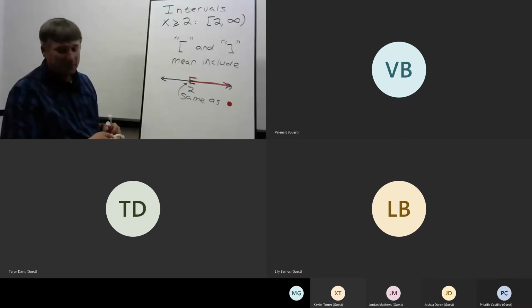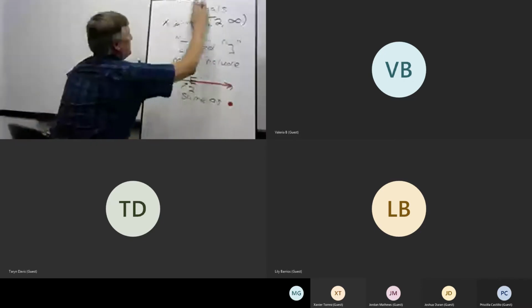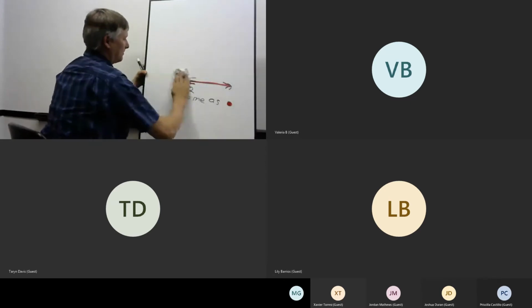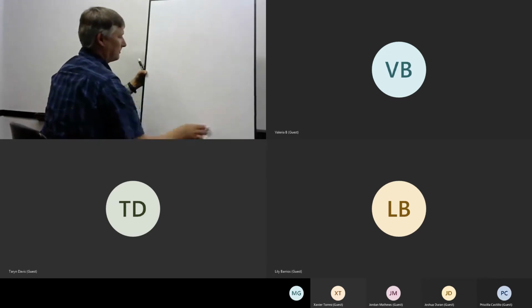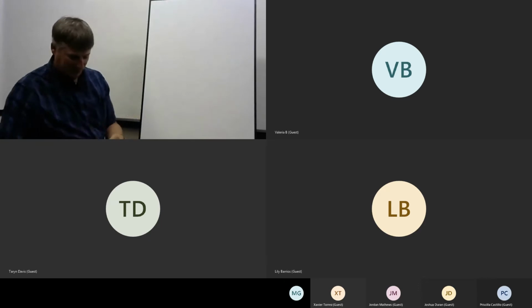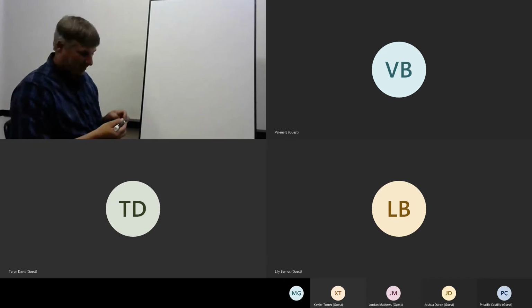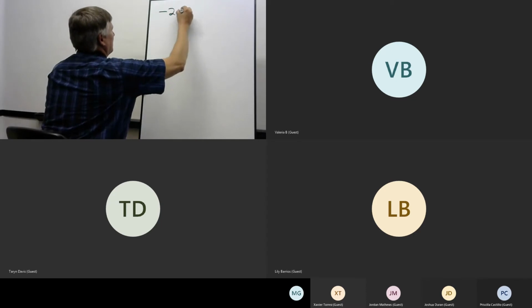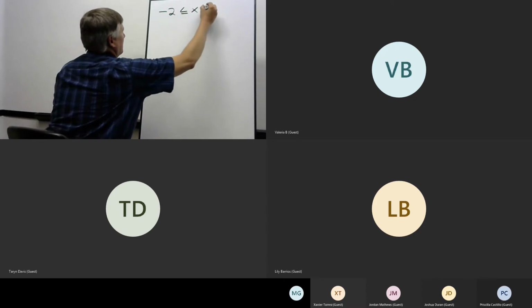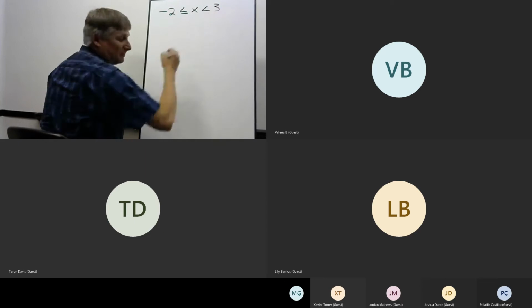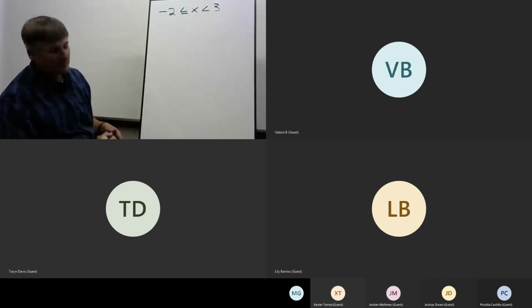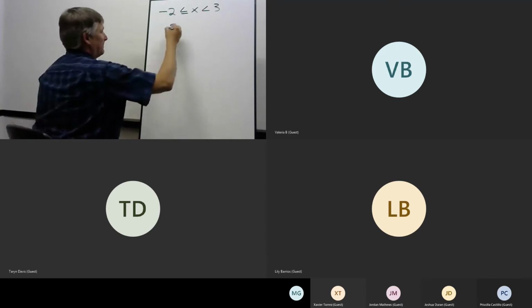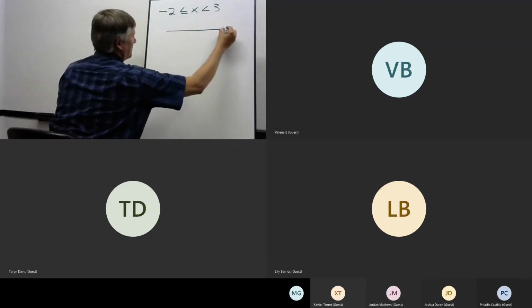Now we can mix these up. So let's say I have this. Well, we can look at this at a number. We put this on a number line.